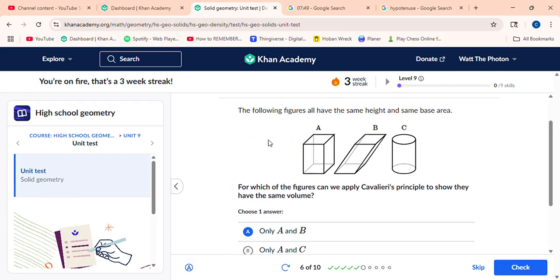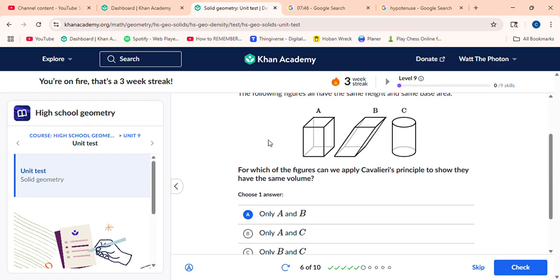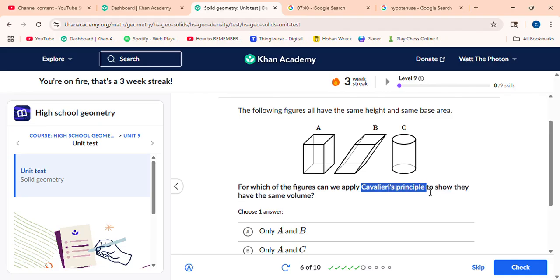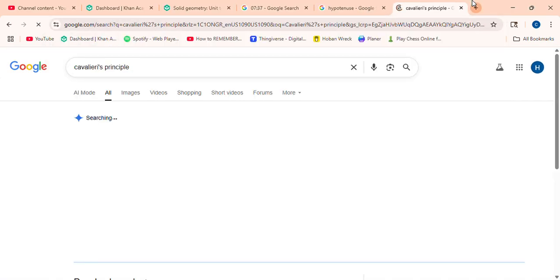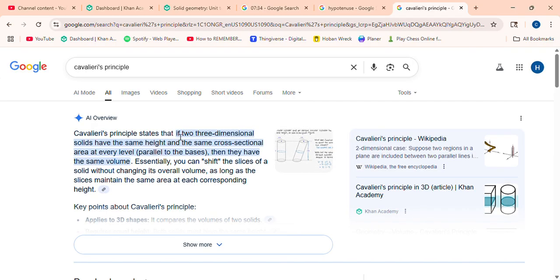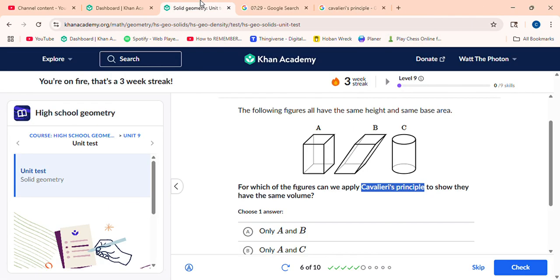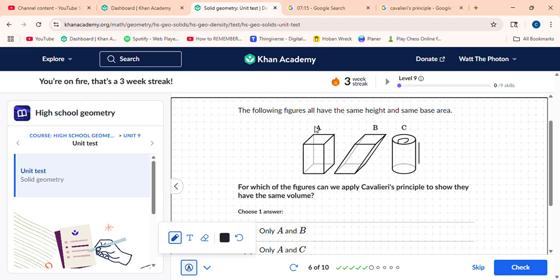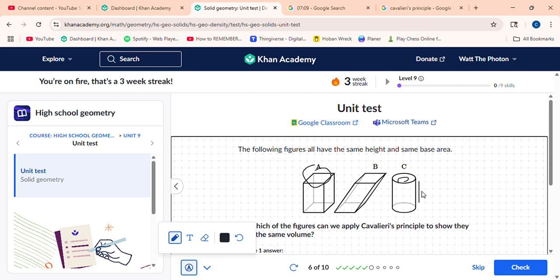A and B should be right, because the height is like this. I think C should also be right. It's a circle, not a square, but it should be the same.